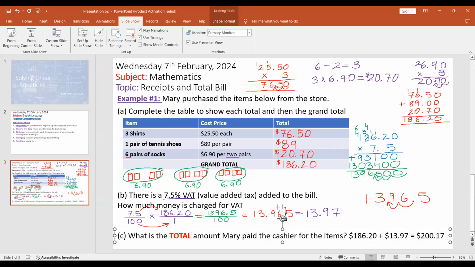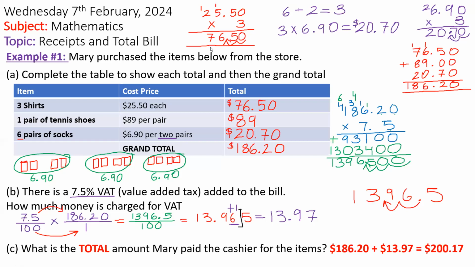$200.17. Okay, if you understand how we got it, please respond. Let me know if you understand how we got all of this question. I understand, yes, sir. Is there anyone who has any questions? Let me know. Miss Potato, I heard someone say no. Who said no?